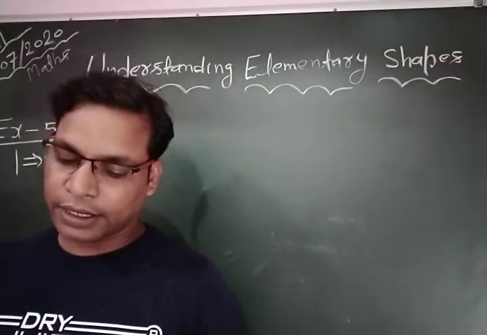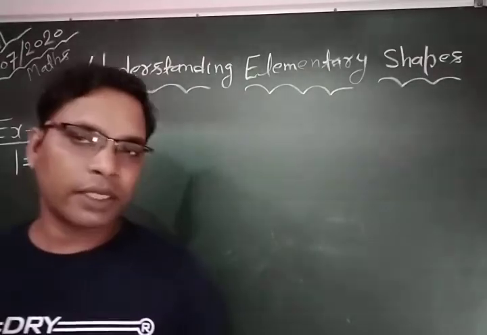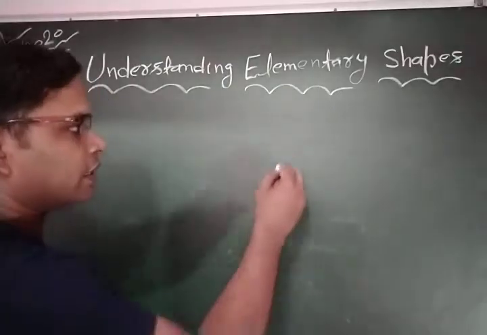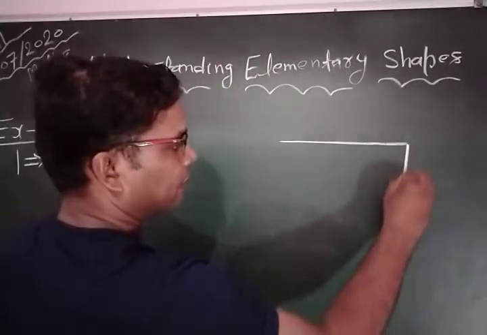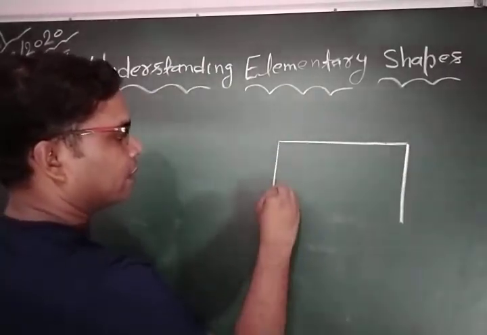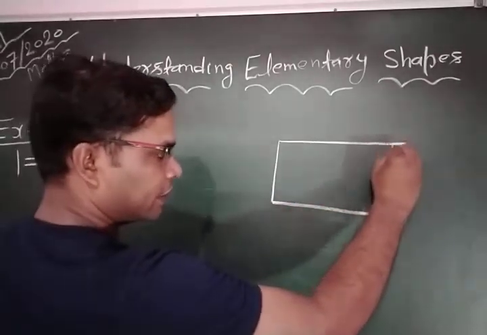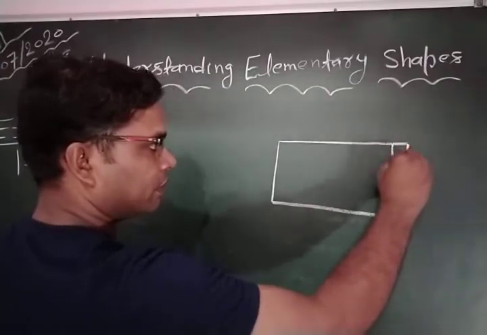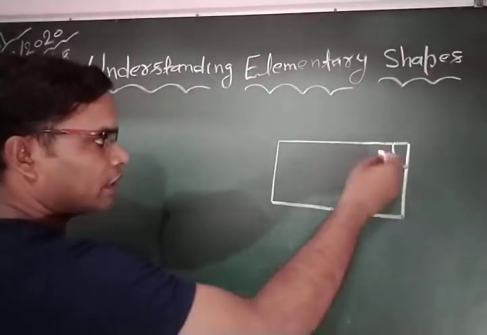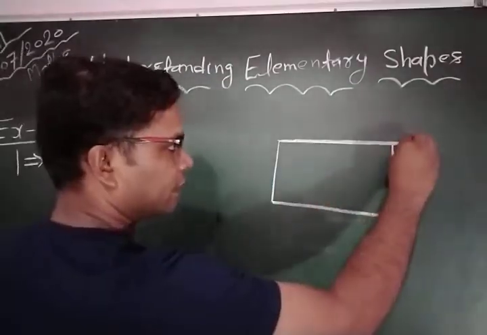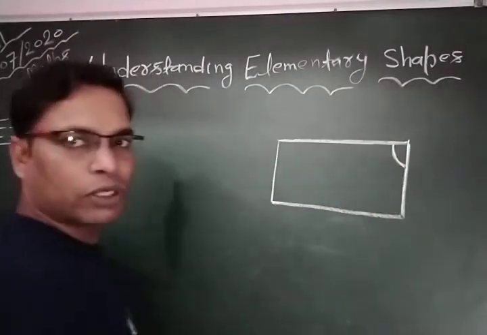A, the adjacent edges of the tabletop. You can see the adjacent edges of the tabletop. This is the top surface of the table. These are the adjacent edges of the tabletop. So these edges are perpendicular to each other.